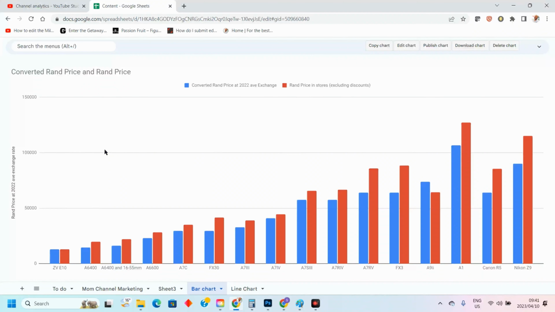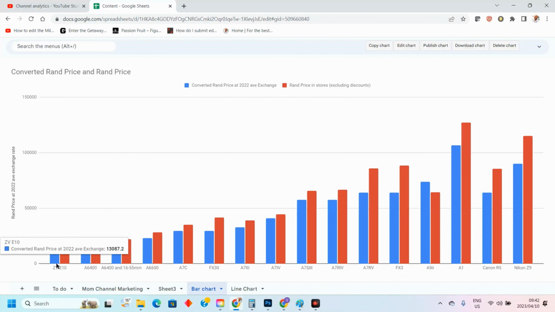Obviously you can't expect the dollar price to translate into a converted Rand price. There's taxes, and there's import duties that Sony has to pay when bringing the cameras in. So there is going to be a little bit of a differential in the pricing.